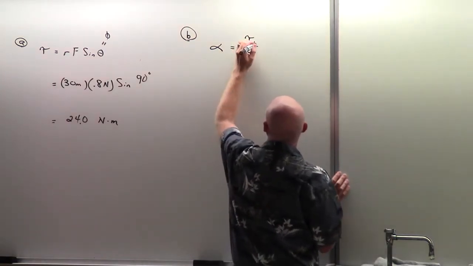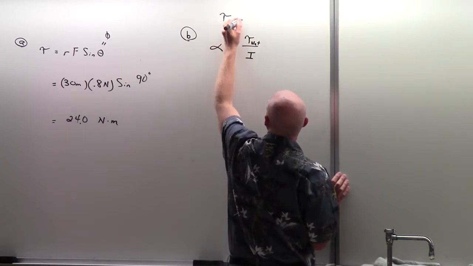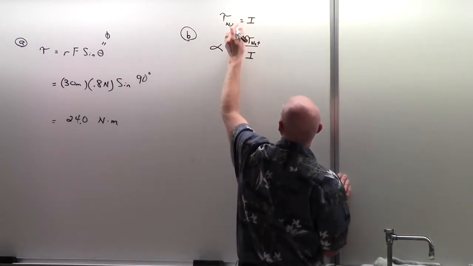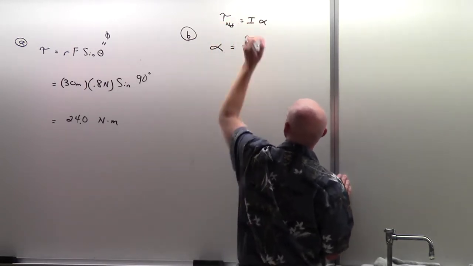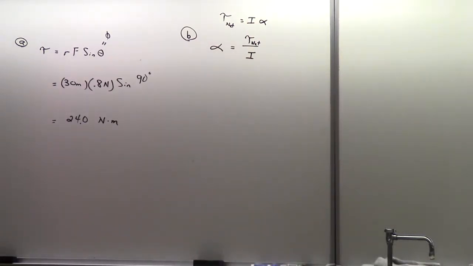That is, the net torque is equal to the moment of inertia times the angular acceleration. This is our new chapter, the first time that most of you have seen Newton's second law associated with angular acceleration.